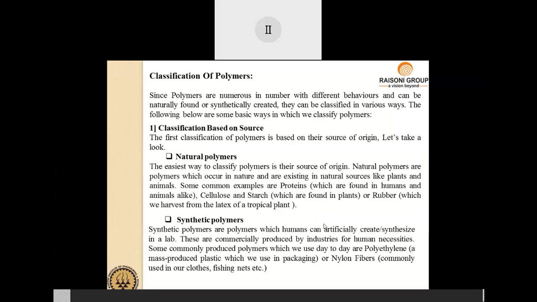Different examples, which we use in our day-to-day life, are polyethylene or nylon fibers, which are used in different cloths, fishing nets, etc. These are the artificial or synthetic polymers. So polymers can be classified based on their sources, and it can be subdivided into natural polymers and synthetic polymers.